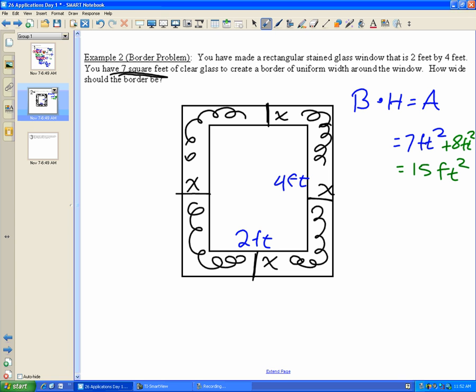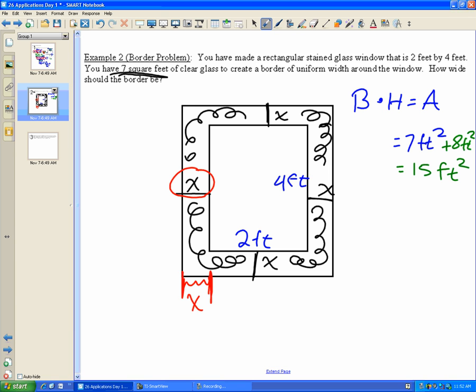At this point, I need to find my base and my height. If I look at my base, I can look across here and see that this length from here to here is going to be x units long.